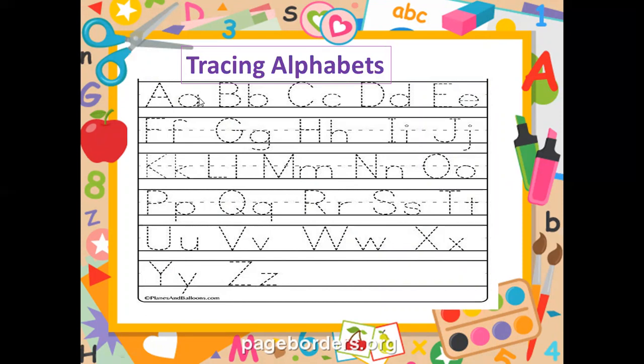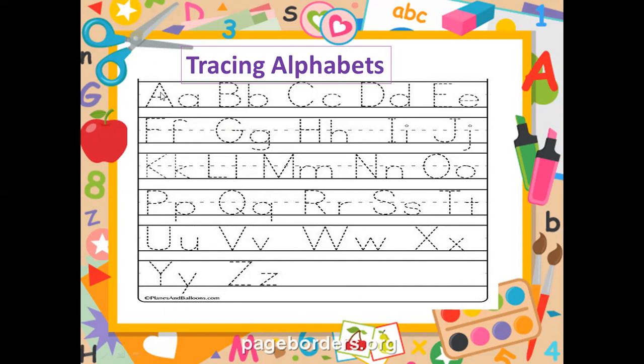Now look here, you will use the first three lines of your notebook. This one is the first one, and there will be a middle line, and this is the third line, the bottom line.